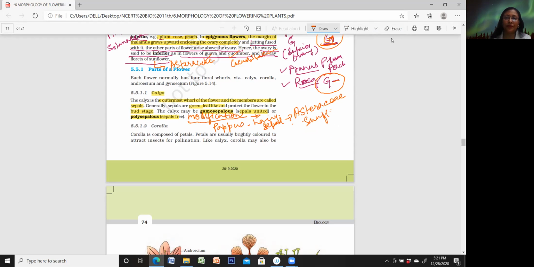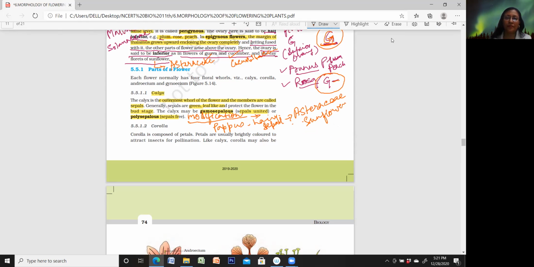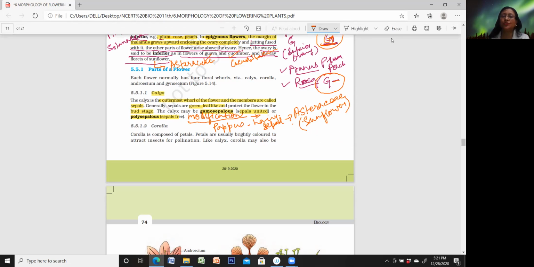Asteraceae, sunflower. You can always remember this, that in Asteraceae or sunflower, the flower will have some hairy structures like this. And these hairy structures are pappus.